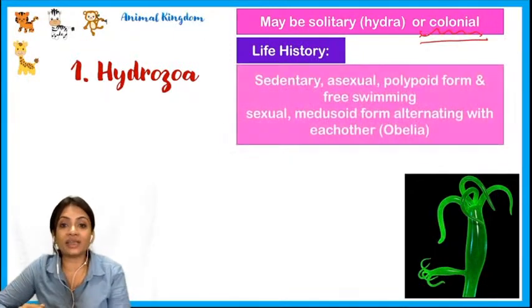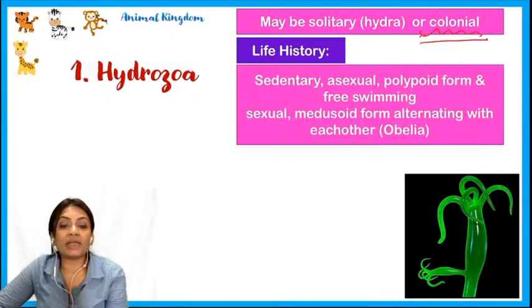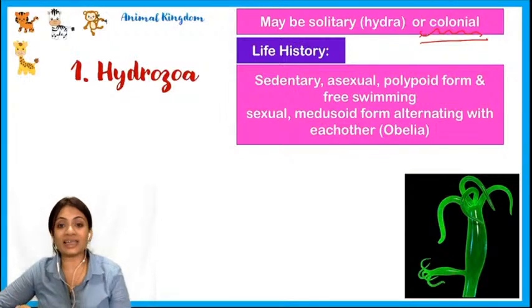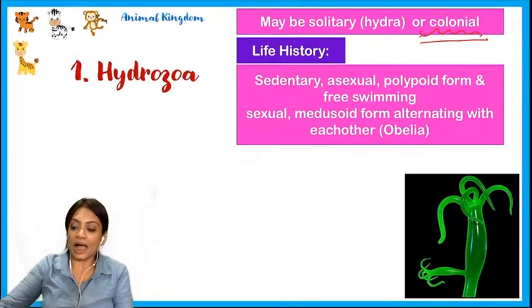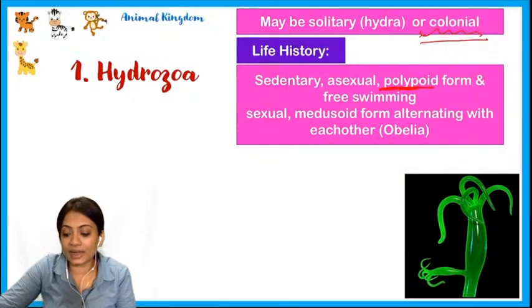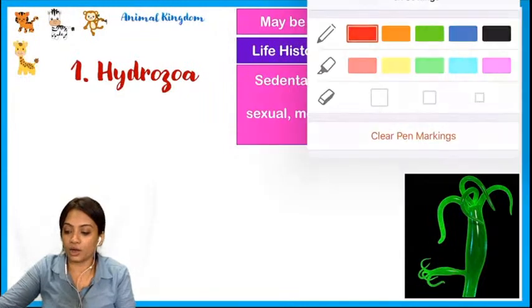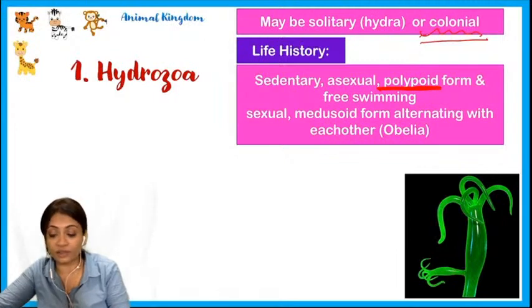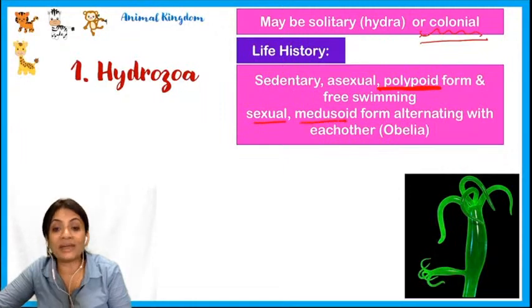Now, seeing the life history, it may have a sedentary form which is asexual, the polyp form. When I say it is like a polyp, I can use the word polypoid. Polypoid basically means like a polyp. And then there is another freely swimming form, which is the sexual medusa type.